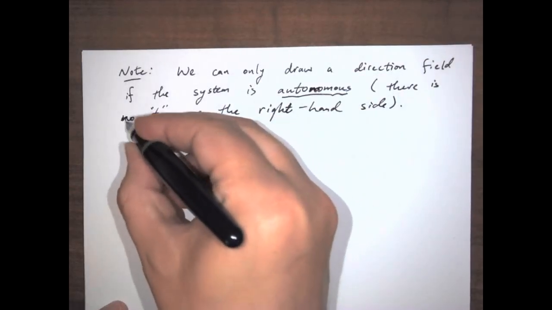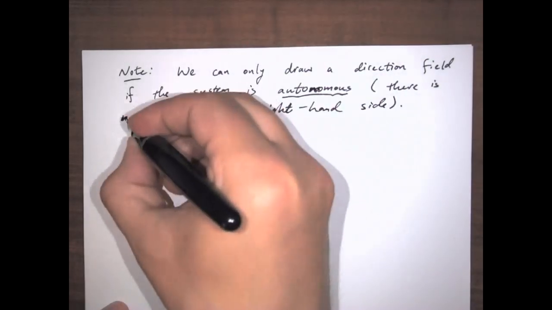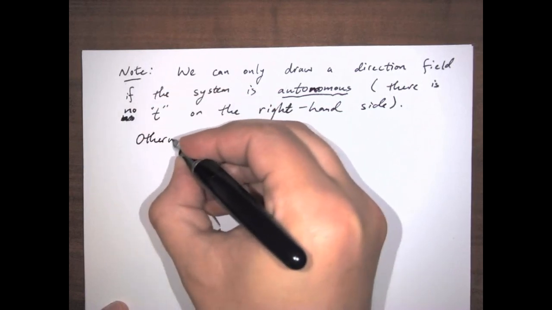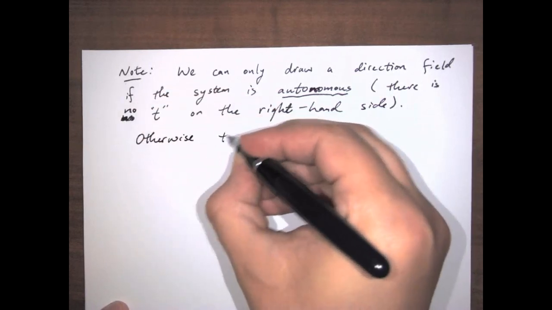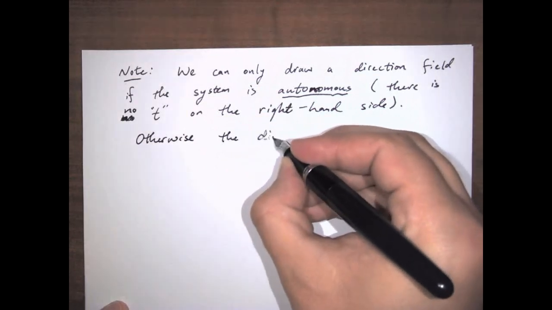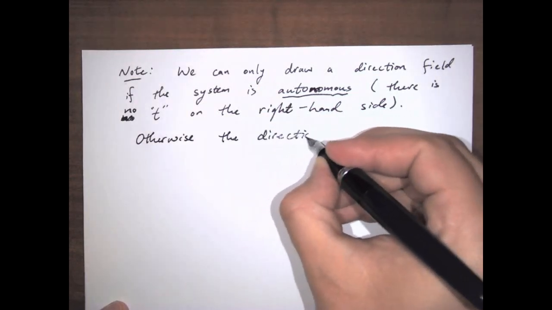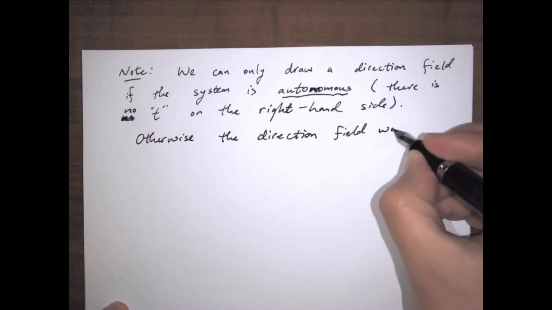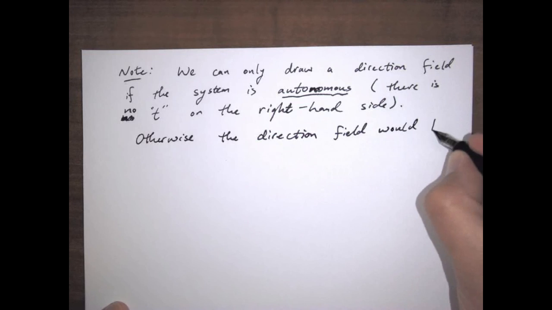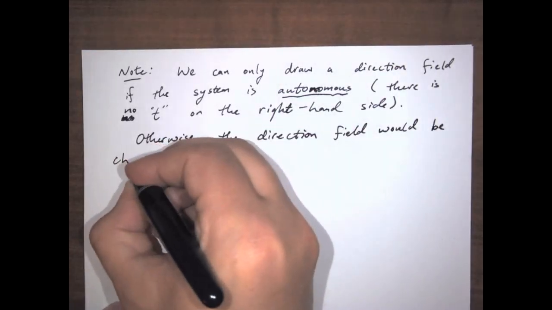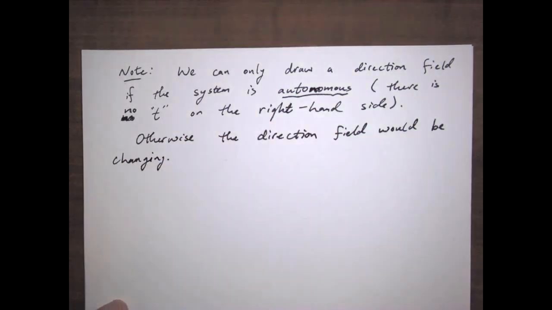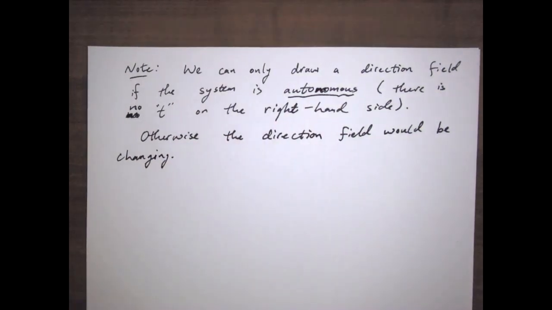Otherwise, the direction field would be changing, which could actually make sense in an animation, but it wouldn't make sense for a specific plot.